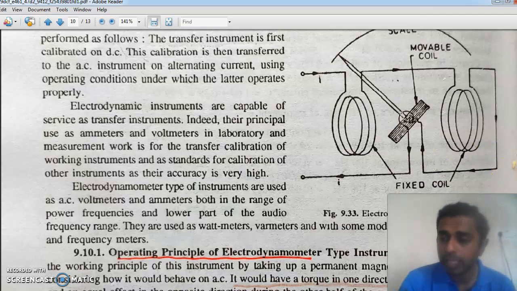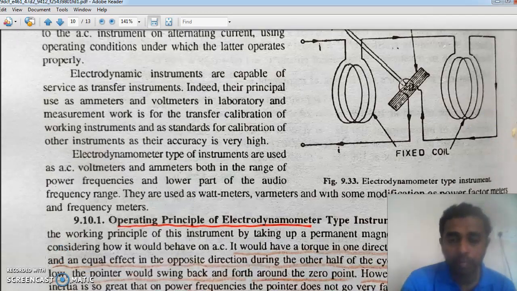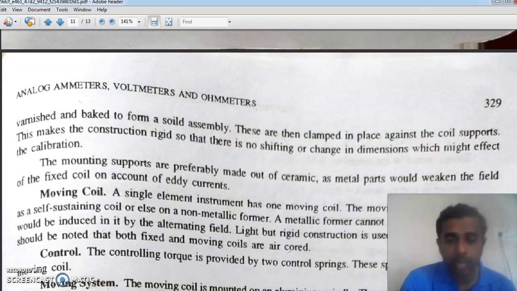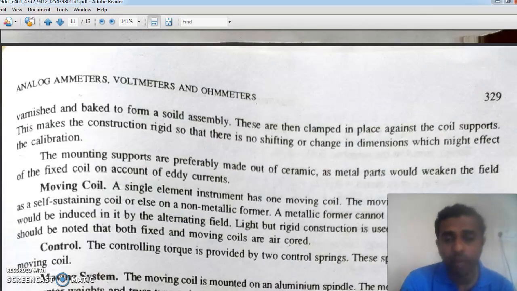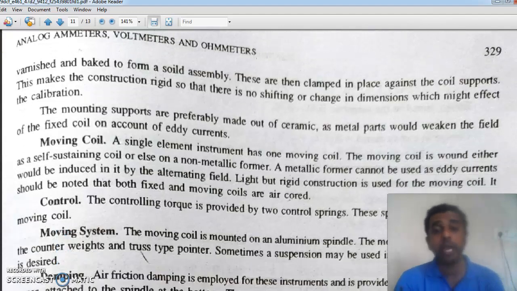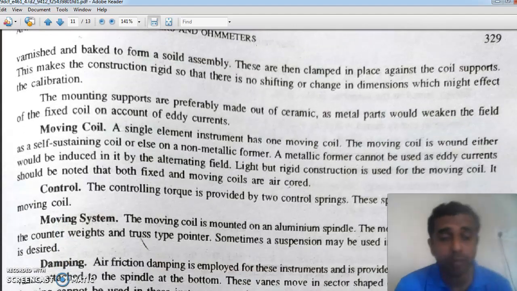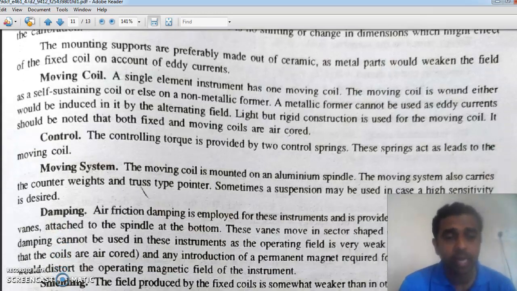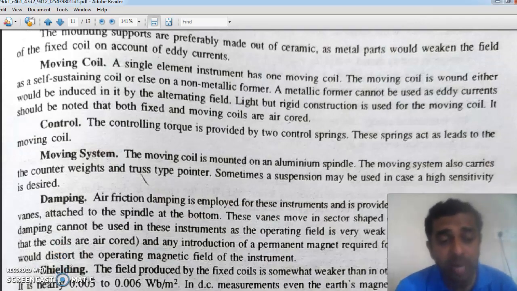Now we'll move through the operating principle of the electrodynamo type instrument. Construction wise, the moving coil is made of very thick wire, because it has to carry as much as 100 amps of current, but the pressure coils are made of slightly thin wires, because the current carried is limited to 100 milliamps.